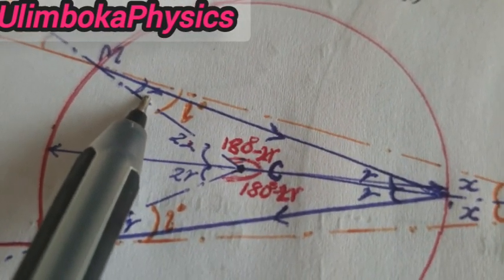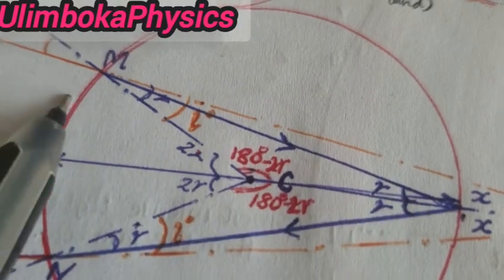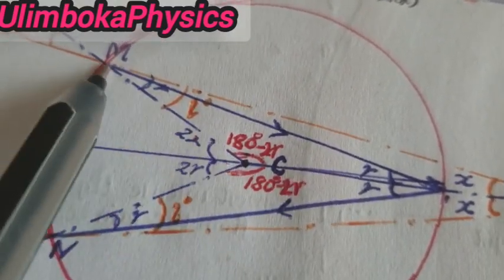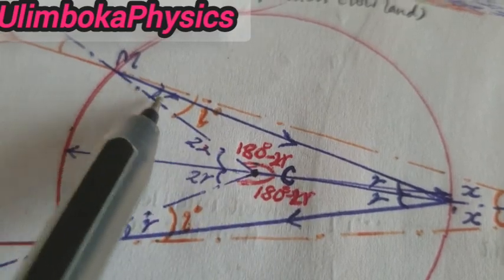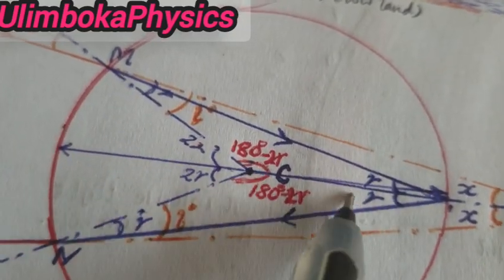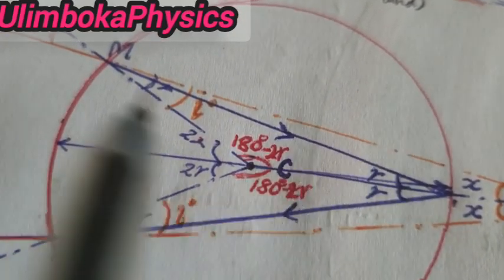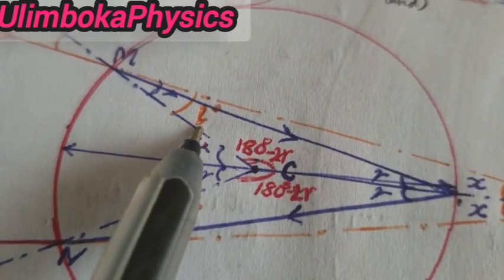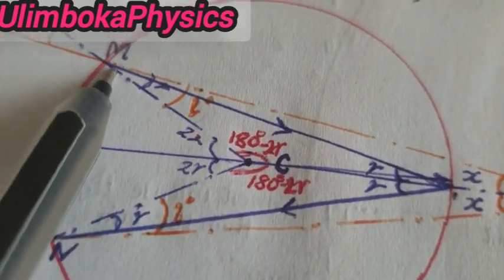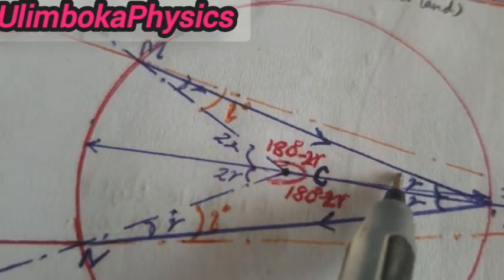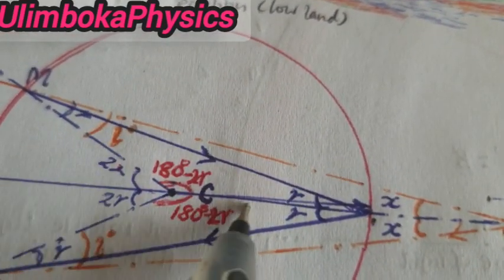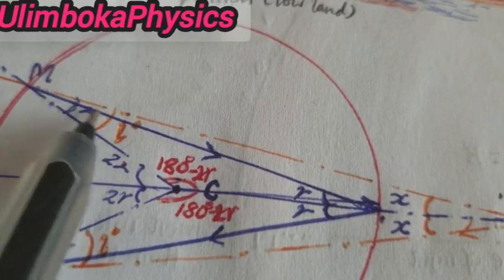How does this angle become the same? We know that this triangle is an isosceles triangle, as this is a radius and this one is a radius. If these two sides are equal, with the base line as the third side, then this triangle has equal base angles.